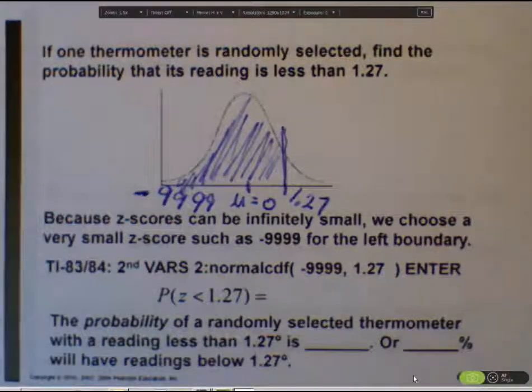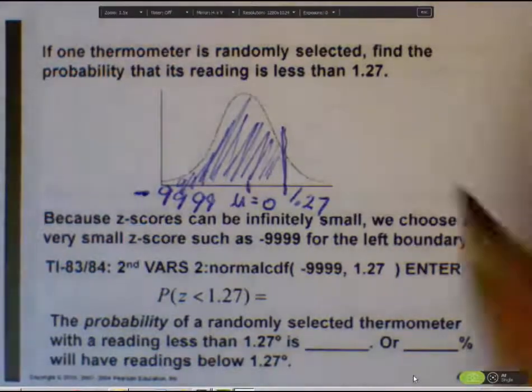Second VARS, number 2 for normal CDF, left score negative 9,999, comma, right score 1.27. That probability rounded to 3 decimal places is 0.898.